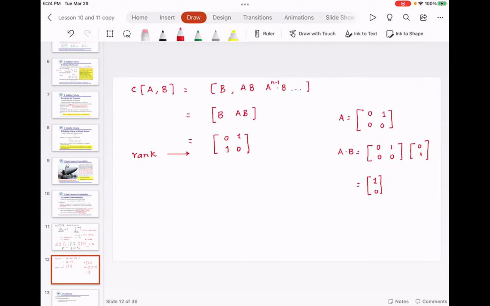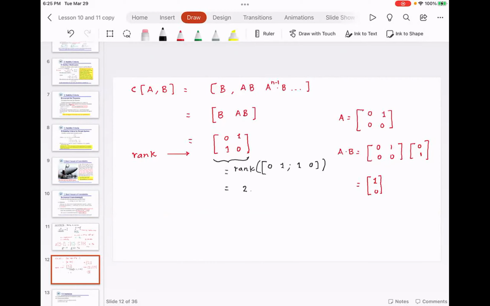Now, what is rank? Rank is the number of independent rows or columns. What does this mean? Please observe that if you use MATLAB and find the rank of [0, 1; 1, 0], what would you get?